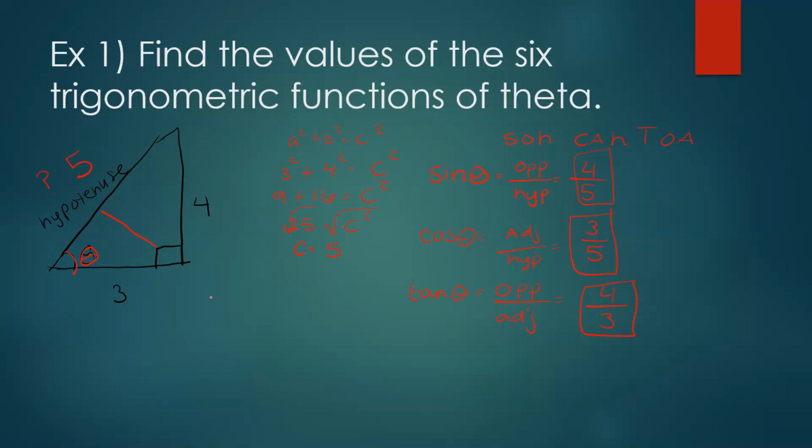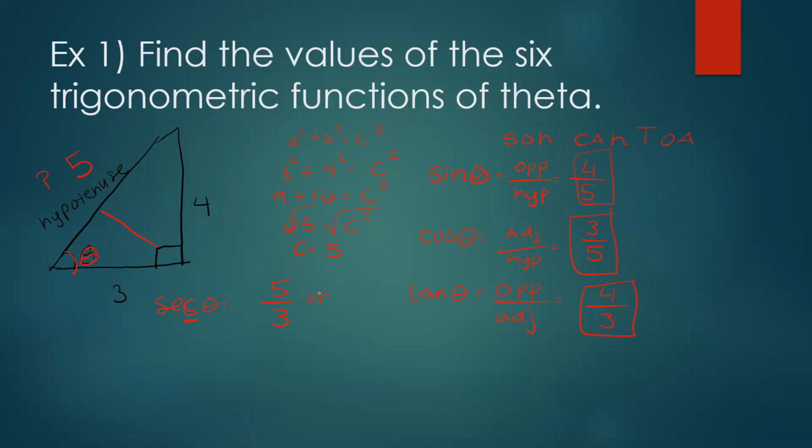Now let's find 3 more, starting with secant theta. Secant theta, there's a C here, so that means it's the reciprocal of cosine. So all you got to do is look at your cosine. What's the reciprocal of 3/5? 5/3. That's all you have to do.